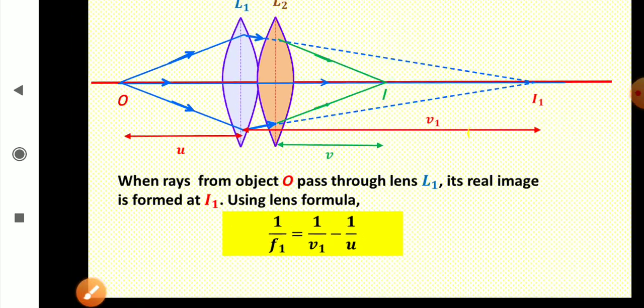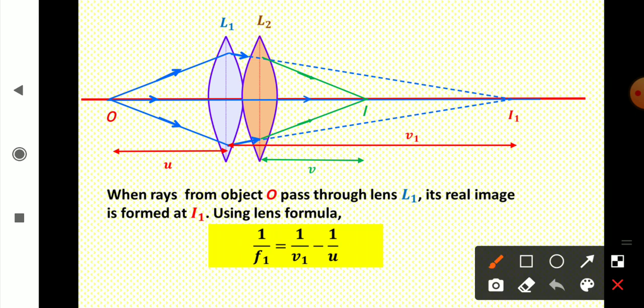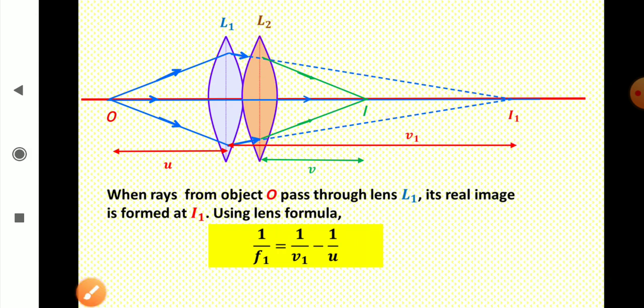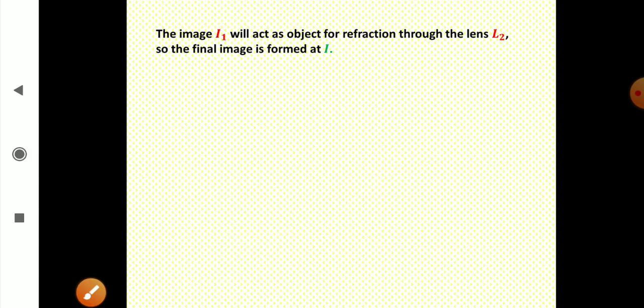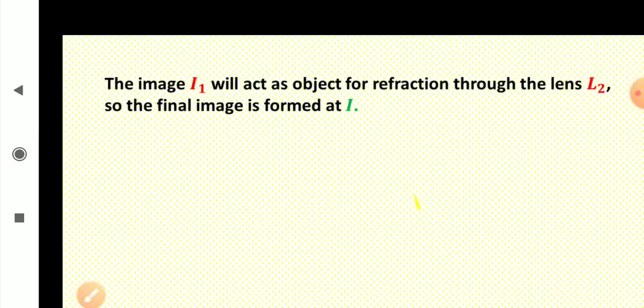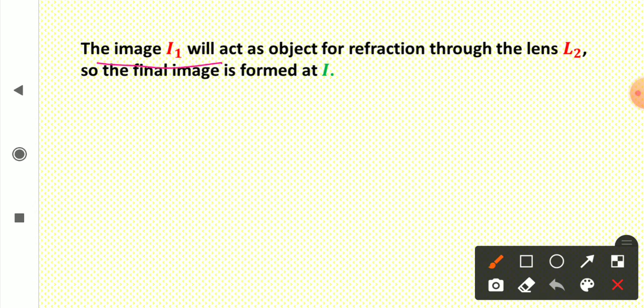And for the second refraction, through L2, this I1 is the object and I is the image. So here the image I1 will act as an object for refraction through lens L2.